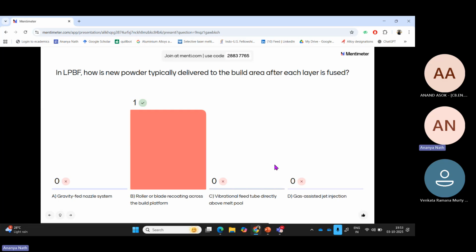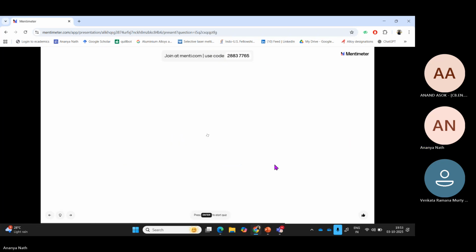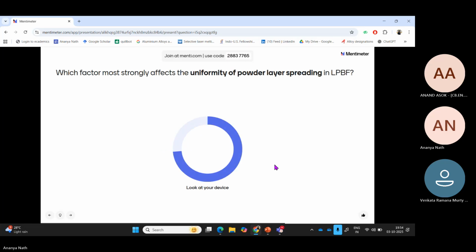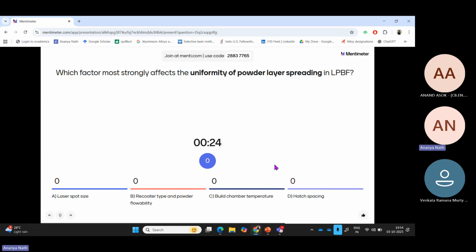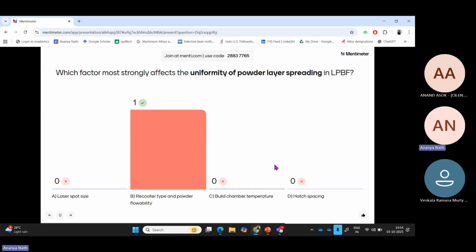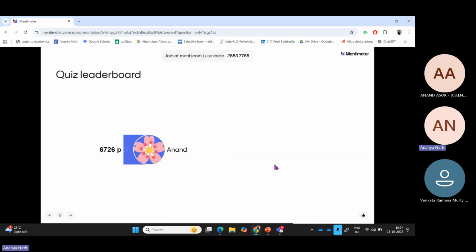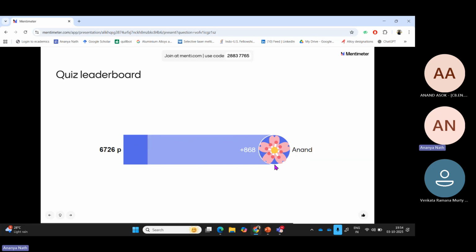Powder is typically delivered to the build plate after each layer is fused. It's mainly by the roller or the coating blade across the build plate. Uniformity of powder layer spreading in PBF depends on the recoater type and the powder flowability. The flowability is achieved by choosing spherical powders also.